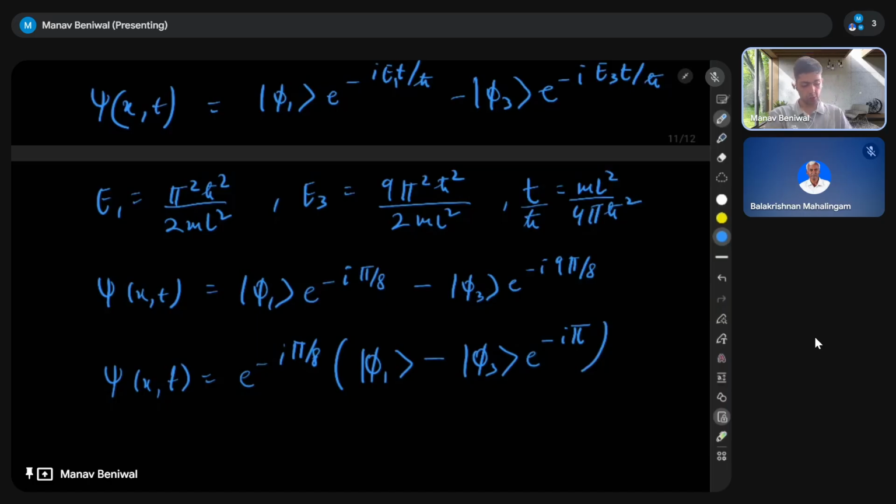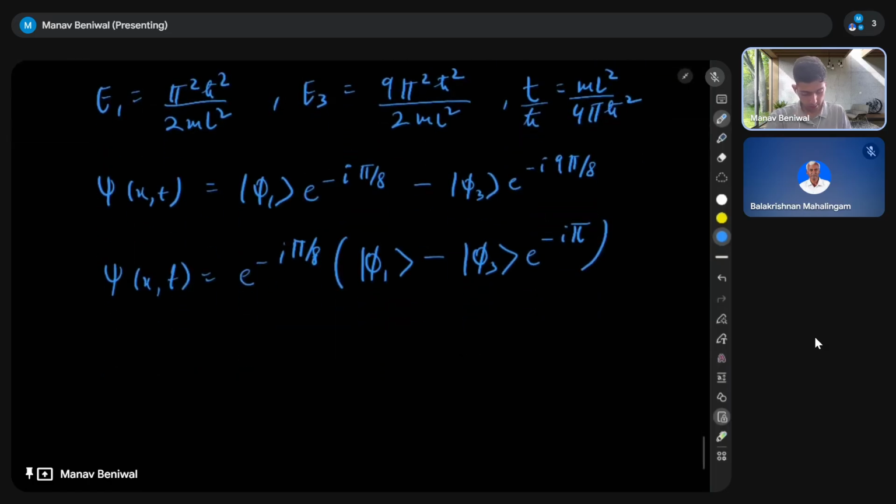Now we know e to the iota theta is cos theta plus i sin theta, and if we put theta as minus pi, which is 180, this gives cos of 180, which is minus 1, so this becomes plus. So this then simply becomes this quantity.